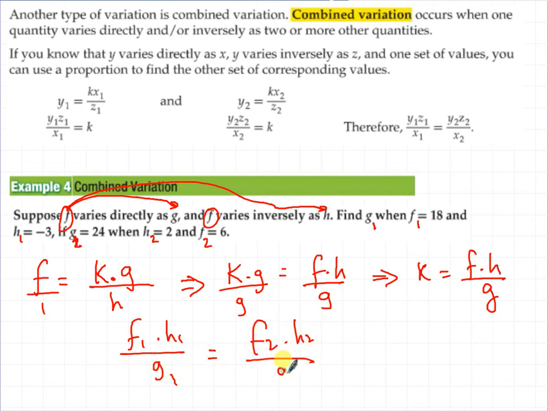And now we replace the values that we have here. f1 is 18 times h1 is minus 3 over g1, my unknown, equal f2 is 6 times h2 is 2 over g2 is 24.